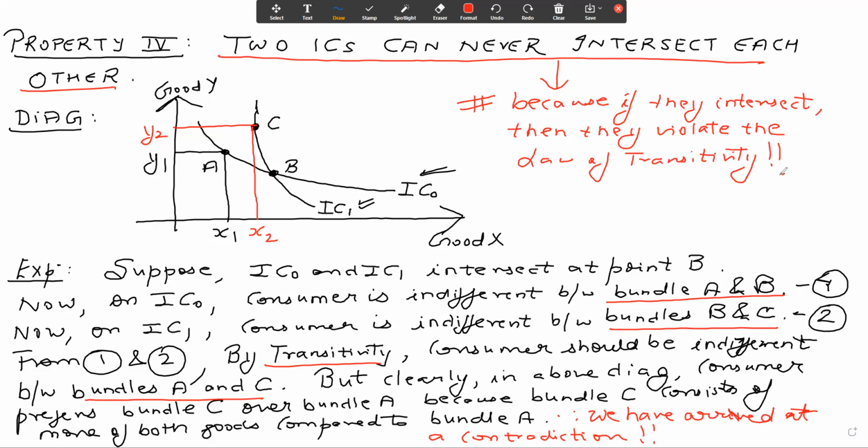So guys, two indifference curves can never ever intersect each other. I hope students have understood this.